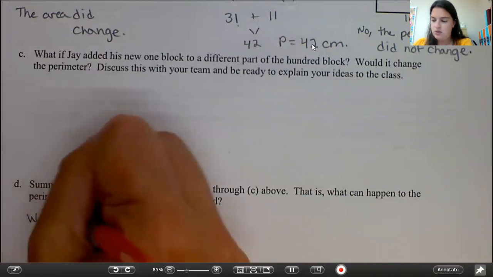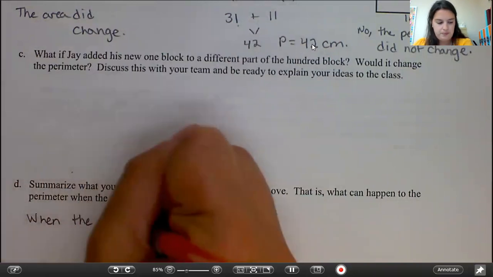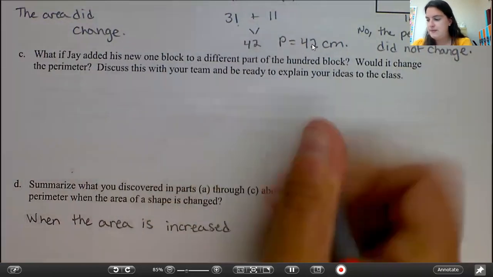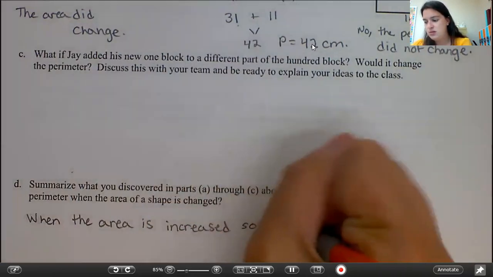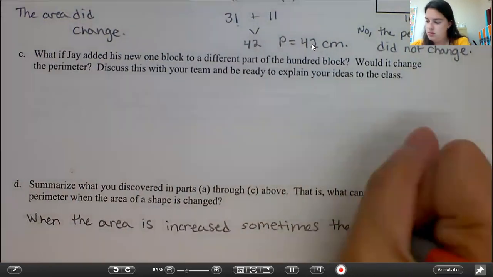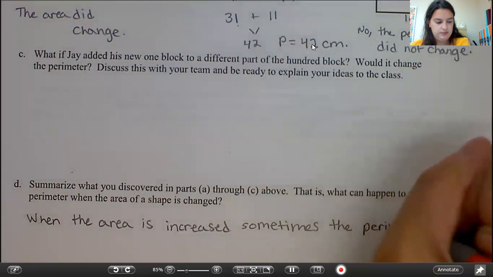when the area is increased, sometimes the perimeter also increases.